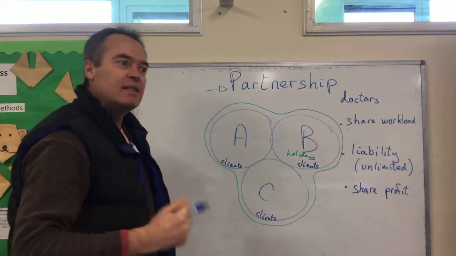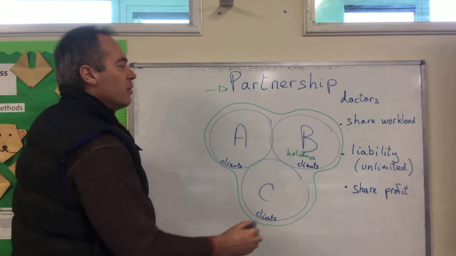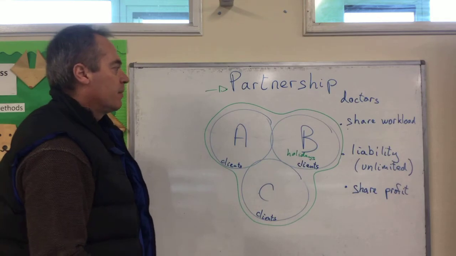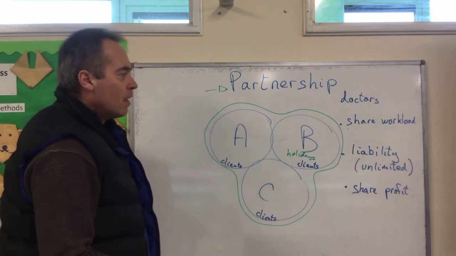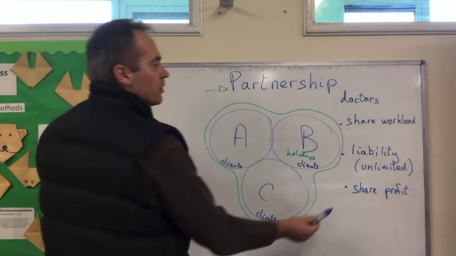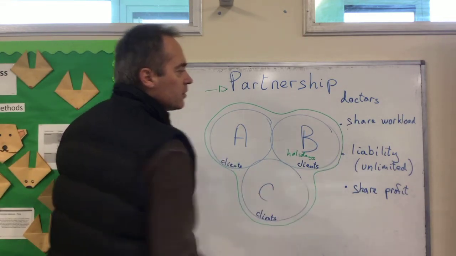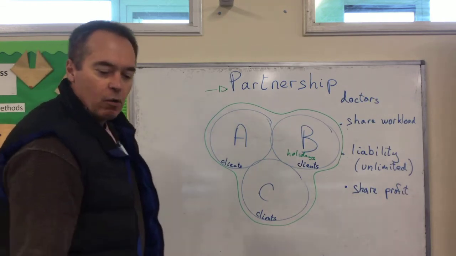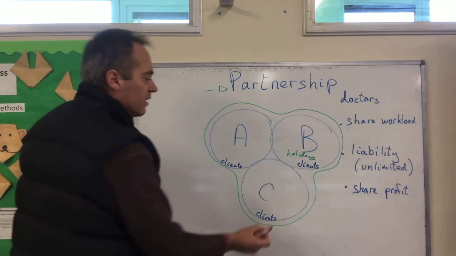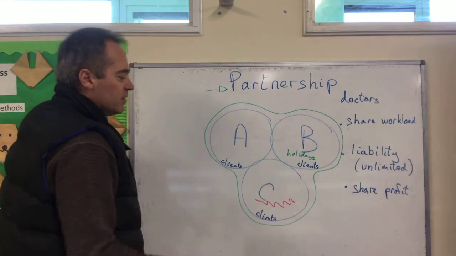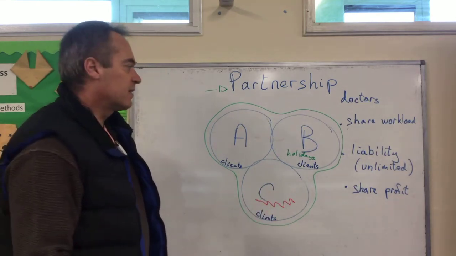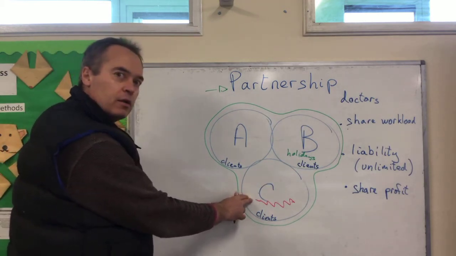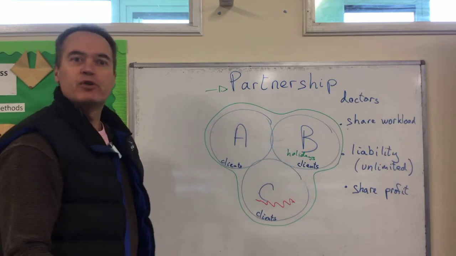So the business can keep operating either when one of the partners goes on holidays or is themselves unwell. So you share the workload, but because you've got unlimited liability in a partnership, if one partner makes a big mistake, with one of the clients, lawsuits, etc., then it's not just this partner who is at risk of losing their personal assets.